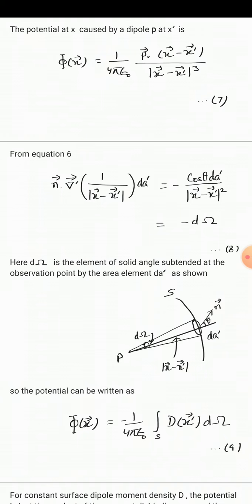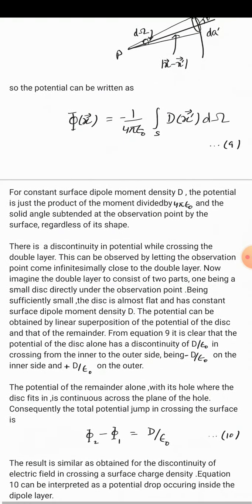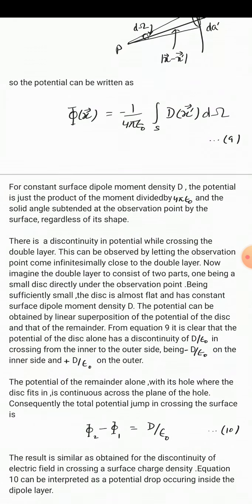So we can clearly see where the d omega is. It is the solid angle subtended at the point of observation by the area element dA dash. So now the potential can be written as phi of x is equal to minus 1 by 4 pi epsilon naught, the integral over surface S of capital D of x dash times d omega.